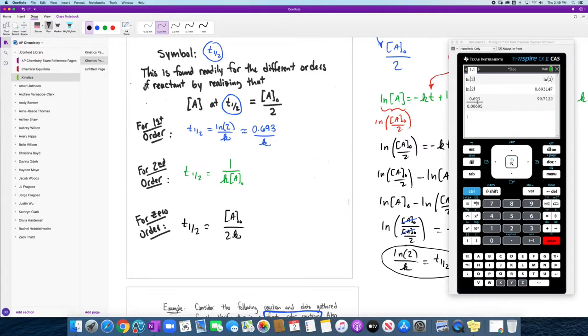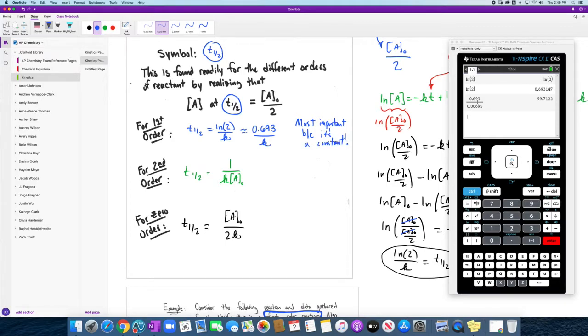Okay, so let me make some comments about these half-life expressions. For the first order reaction, I would say this is the most important type to recognize. Questions on the AP exam often deal with first order half-lives. The reason is because this half-life is a constant.